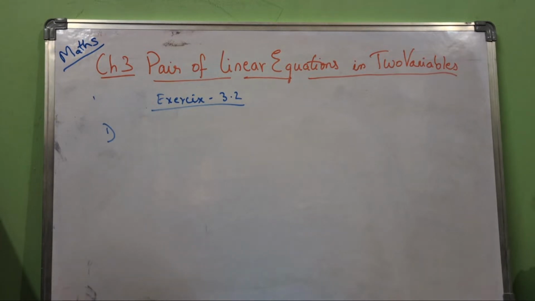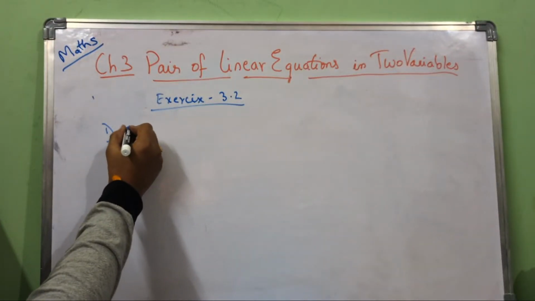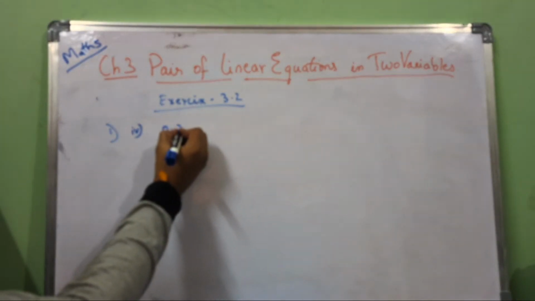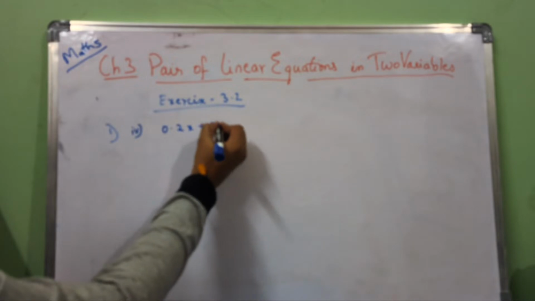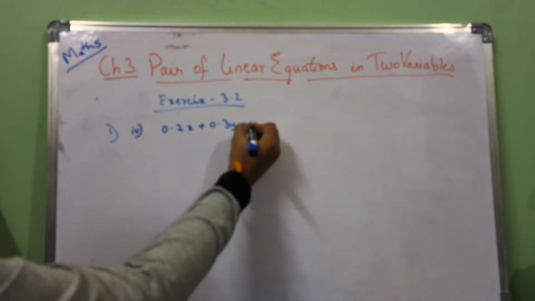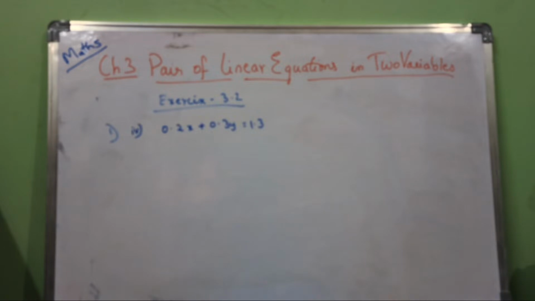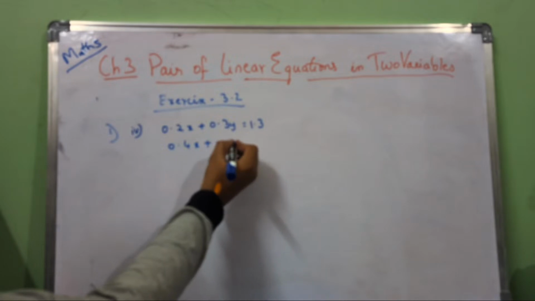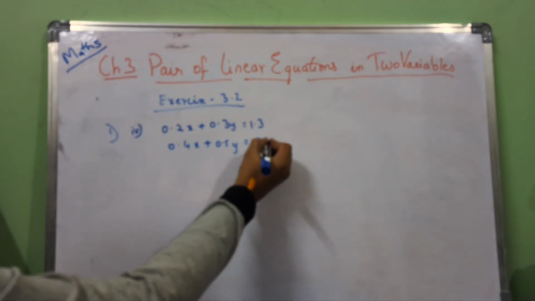So let's go to the fourth question now. 0.2x plus 0.3y equal to 1.3, and 0.4x plus 0.5y equal to 2.3.